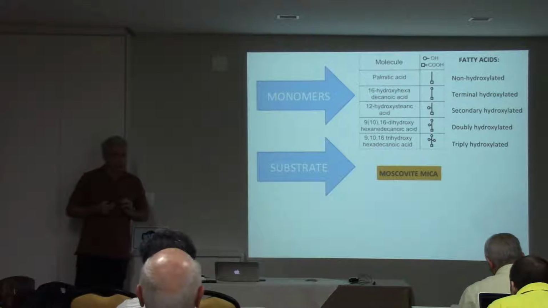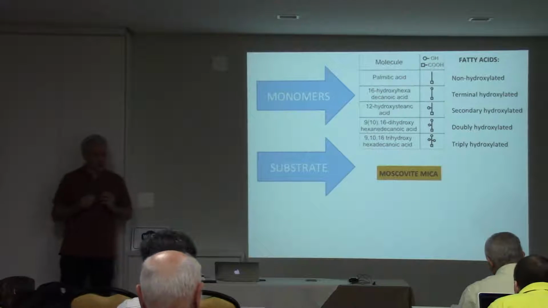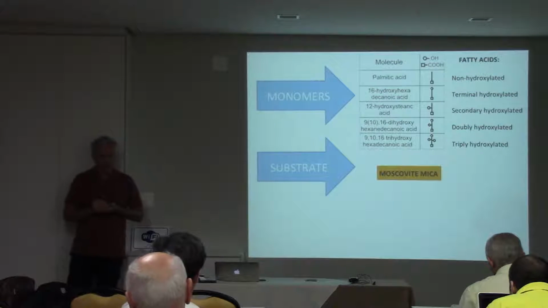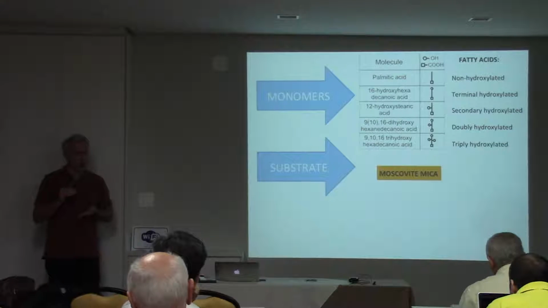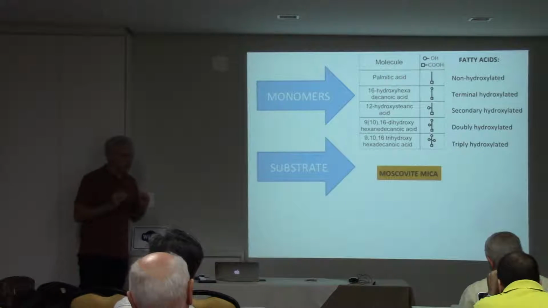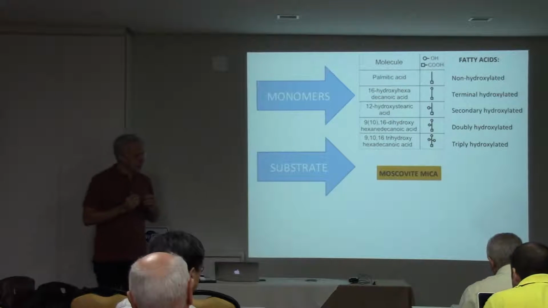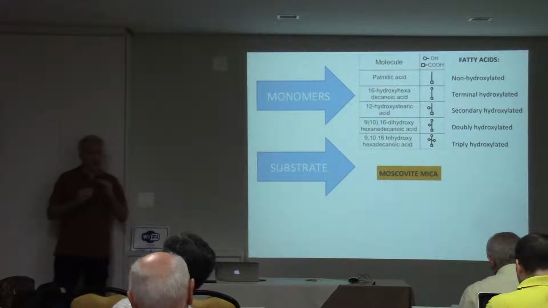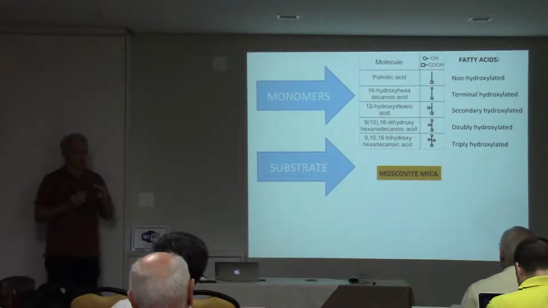The muscovite mica also has a particularity, which is that the bonds between the monomers and the substrate are not very intense. They are very weak bonds.